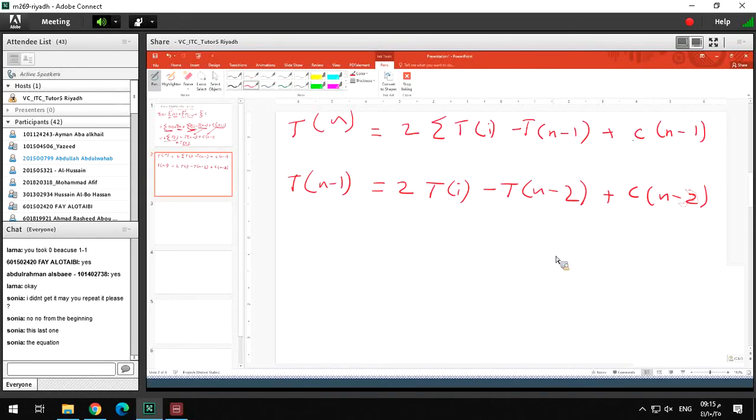This is how we find Tn minus 1. What we want to do now is to find Tn minus Tn minus 1.